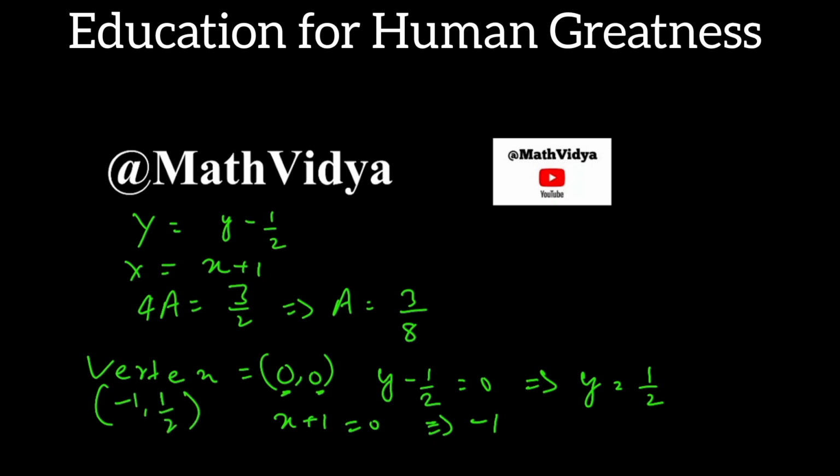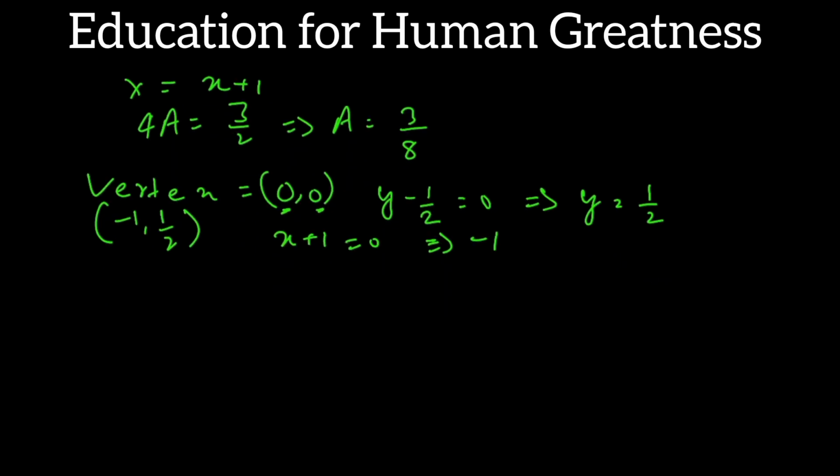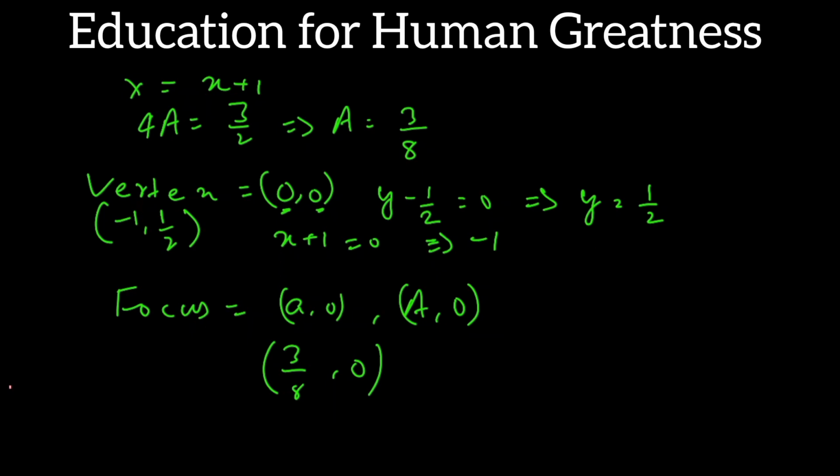Now the focus, as I have just explained, is (a, 0), or we can write (a, 0). So the value of a is 3/8 and 0. This is the focus, right?